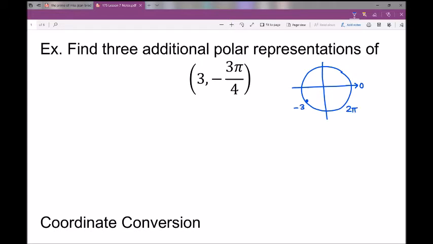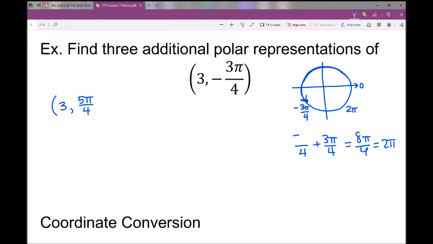So if this is negative 3 pi over 4, then if we were to start here and go this way, it would be 5 pi over 4 to end up in the same spot, because 5 pi over 4 plus 3 pi over 4 gives us 8 pi over 4, which is 2 pi. So 5 pi over 4 is another way to represent the angle negative 3 pi over 4. An equivalent point would be 3 comma 5 pi over 4.